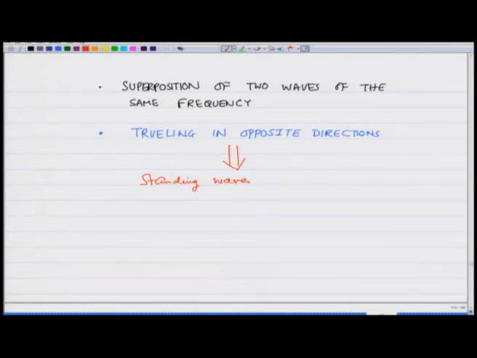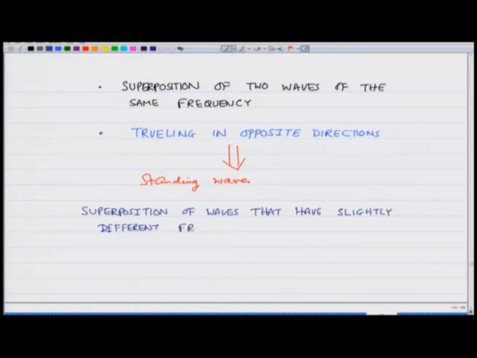I now want to discuss superposition of waves that have slightly, very slightly different frequencies.